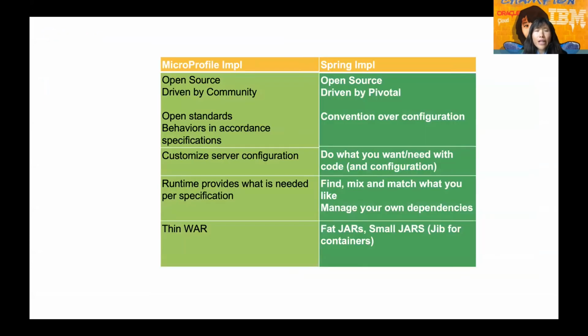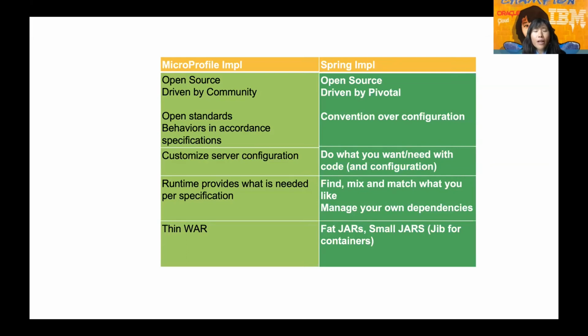To list a few differences between these two frameworks: MicroProfile is open source, directly driven by the community, and also a standard. So there are many implementations to choose from. Spring is also open source, driven by Pivotal, so it has its own APIs, etc. Only Pivotal supports the Spring implementation.